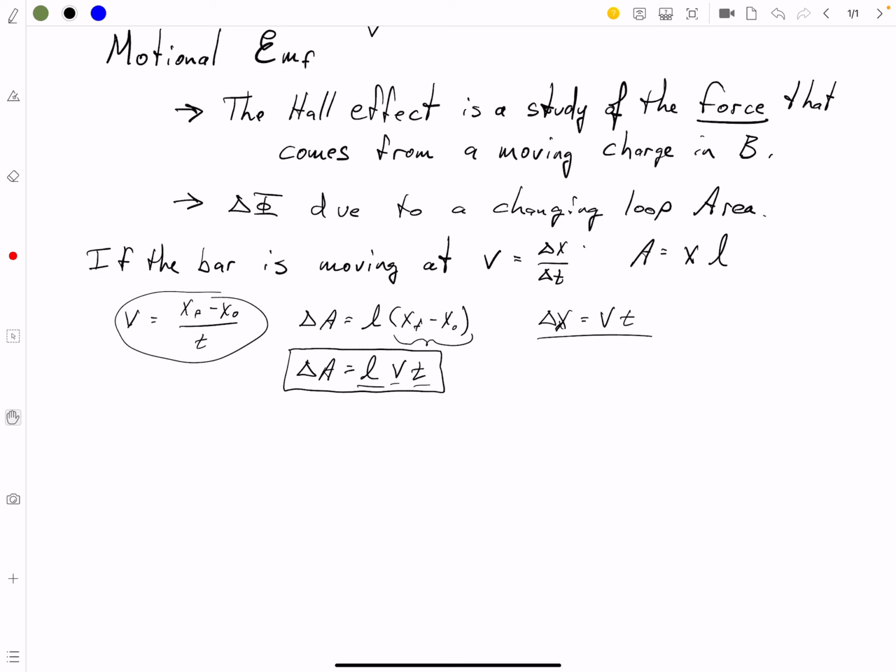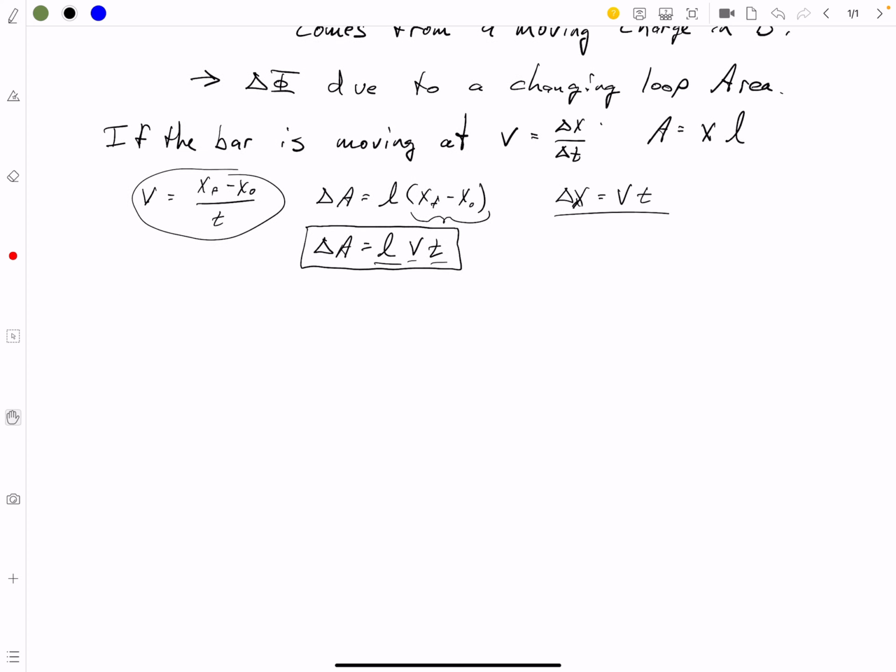Let's just continue. We now have delta phi equals our B times our delta A, and then, of course, times the cosine of the angle between them. That's the main equation.